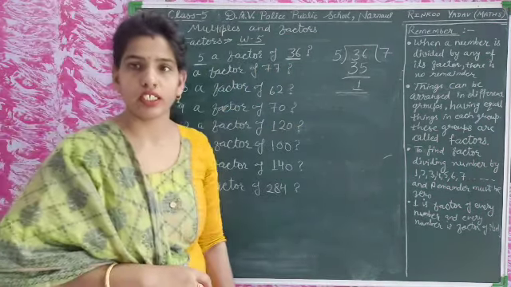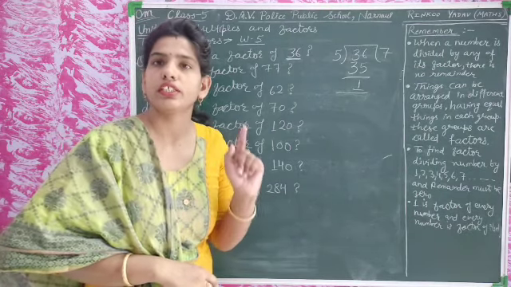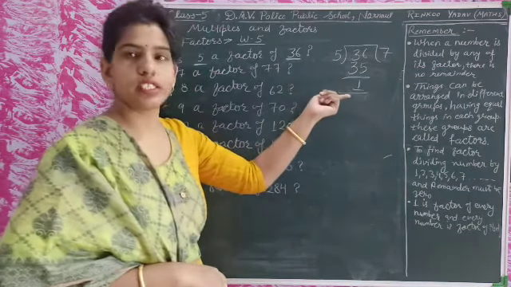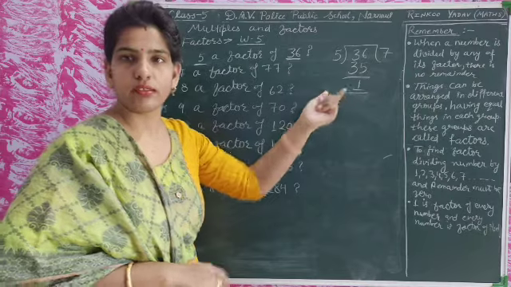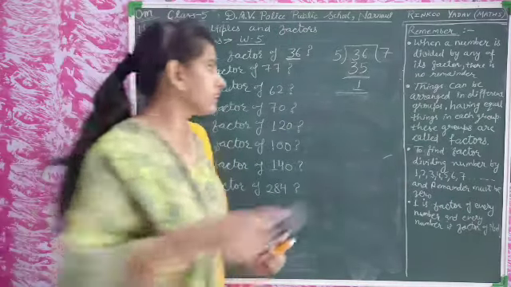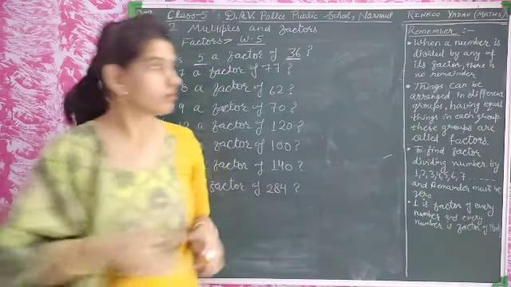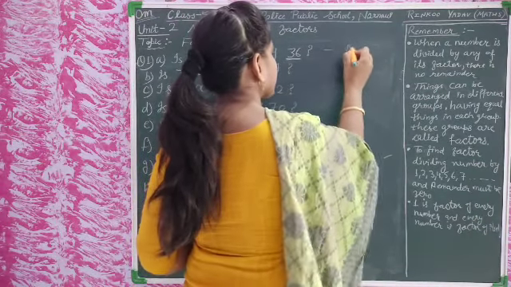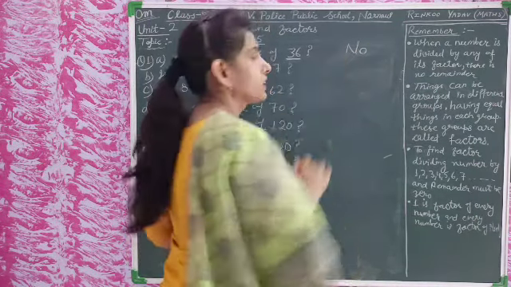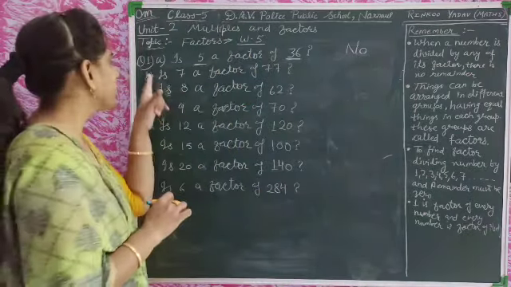But for a factor there must be remainder 0. So this is not a factor. It means no. Is it clear, students?